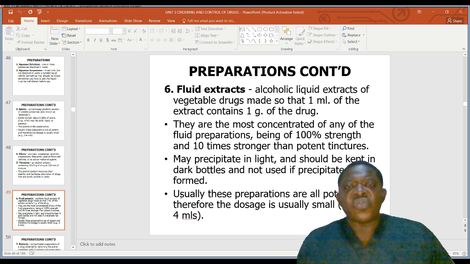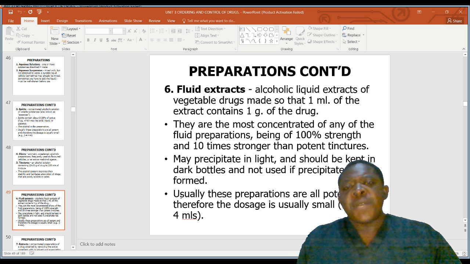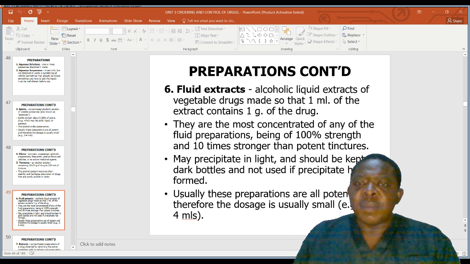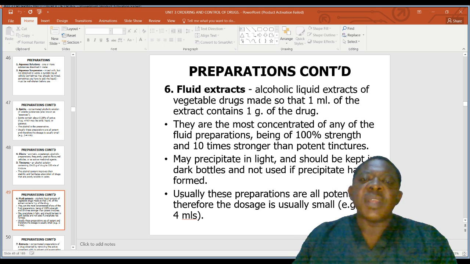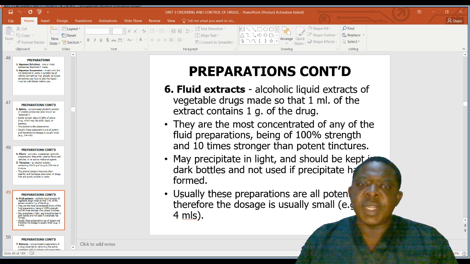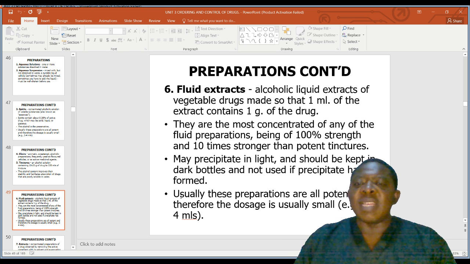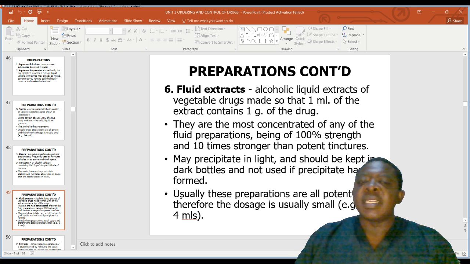Fluid extracts. These are alcoholic liquid extracts of vegetable drugs made so that 1 ml of the extract contains 1 gram of the drug. They are the most concentrated of any of the fluid preparations, being of 100% strength and 10 times stronger than potent tinctures.